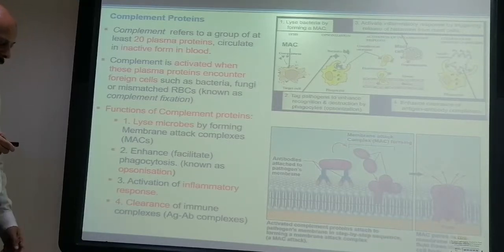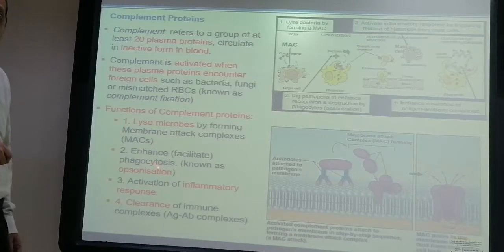So this facilitation of phagocytosis is known as opsonization. Those proteins will form the membrane attack complex over the cell which is infected or over bacteria.